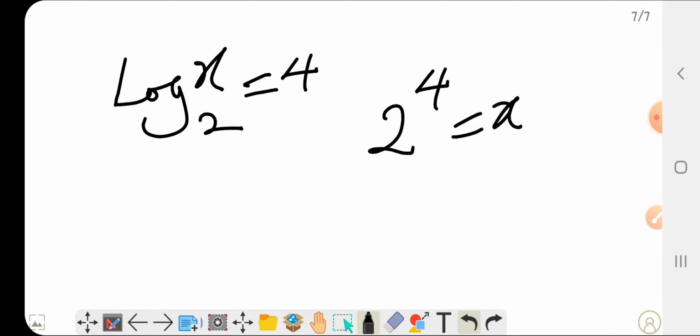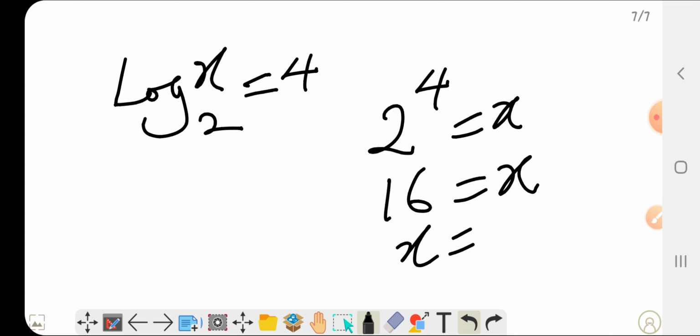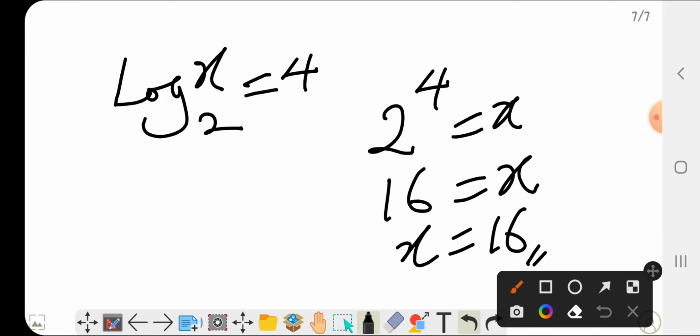And what's 2 raised to power 4? That's 16. That's 2 times 2 times 2 times 2, in 4 places. That's 16 equals x. So we now have x equals 16. That's the value for x. So that means 2 raised to the power 4 must give 16, which is the x we just found.